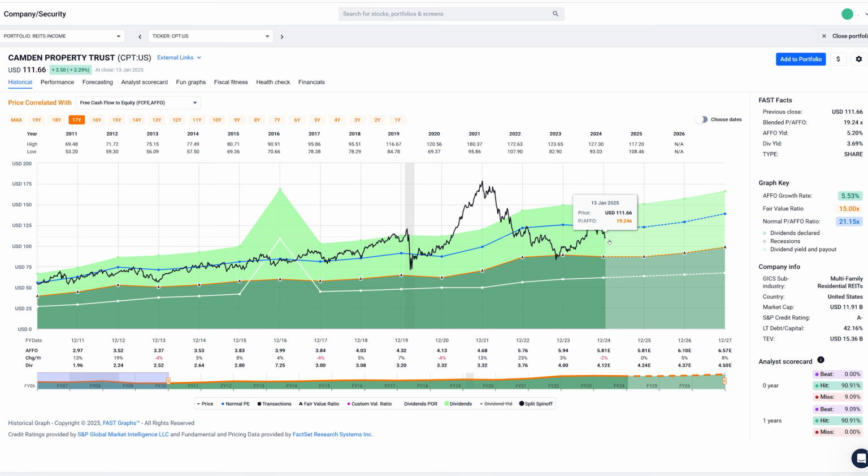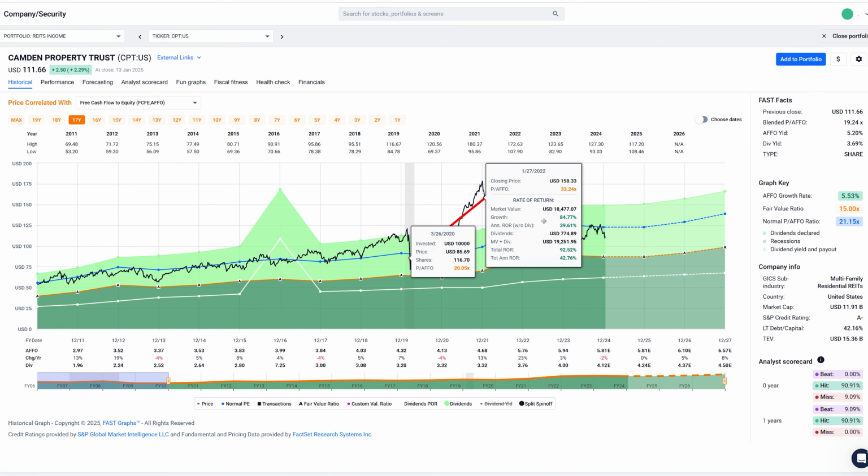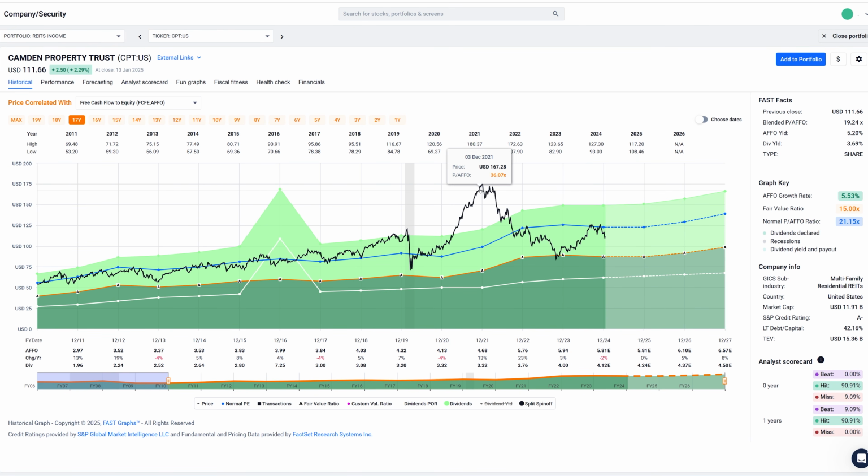So this could be one that could be considered fairly valued based on the way the market has been valuing the stock, with 3.69%. But you can see the effect of high valuation. When the market got really high, I like to say when you see high values like this and you get this massive appreciation, where the stock appreciated over this time frame by an annualized rate of over 42% a year, that was extraordinary performance. But this is classically when the other person appreciated this REIT a lot more than I appreciated it.